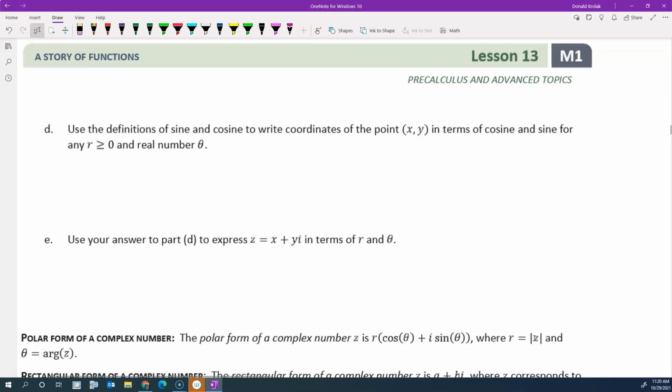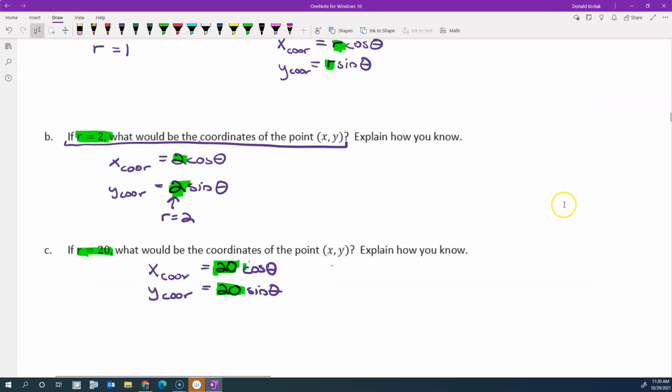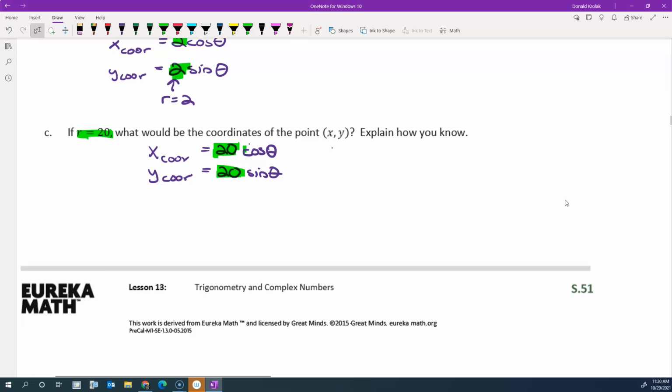All right, now this question's asking you to use the definitions to write the coordinates of the point x and y in terms of cosine and sine. This is when r is bigger than 0. So the examples that we've done right here, r is greater than 0.